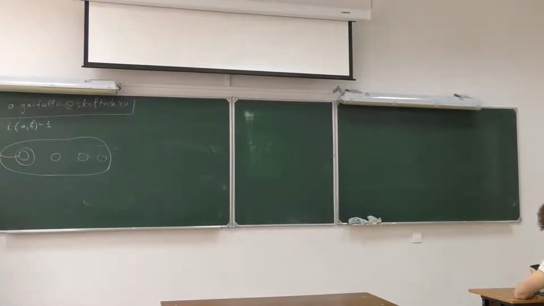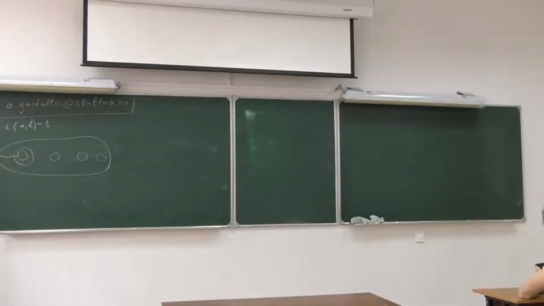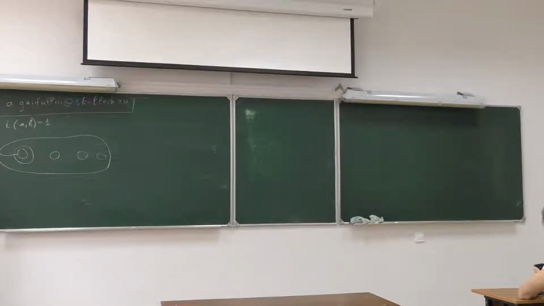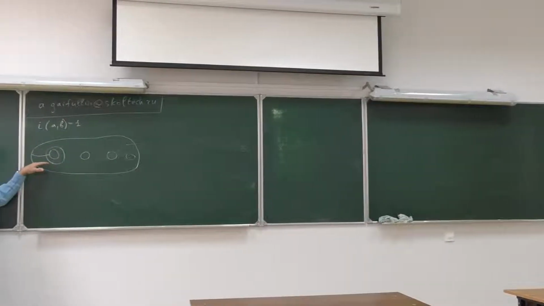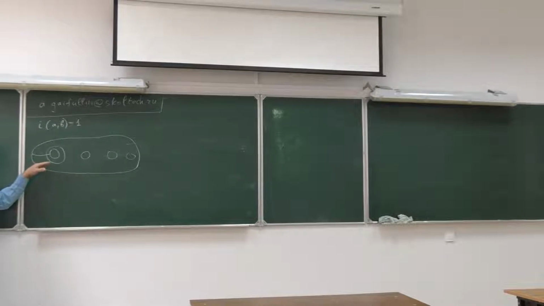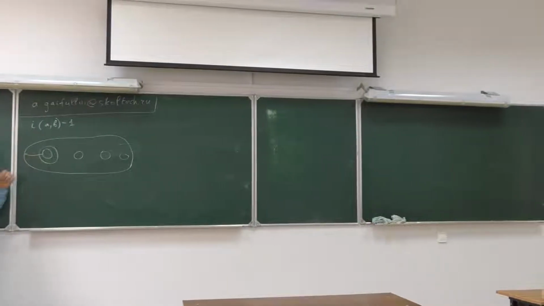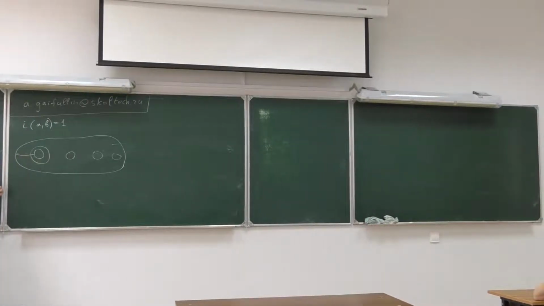Moreover, it is easy to see that, as we discussed, whenever we have a pair of simple closed curves with a unique point of intersection, then first of all, either of them is non-separating.